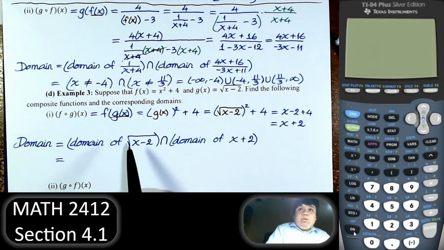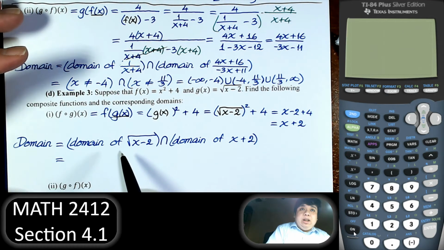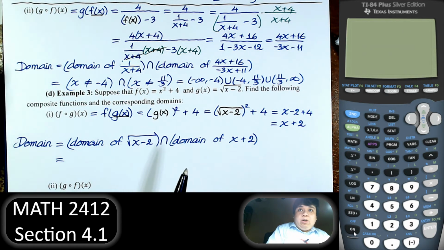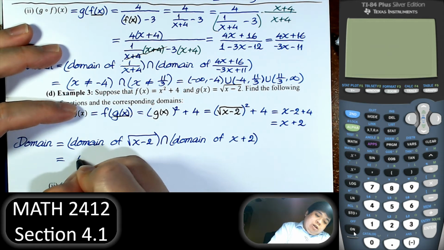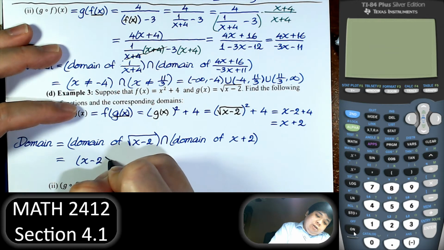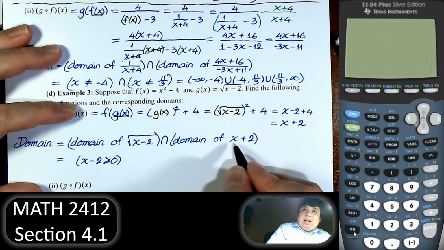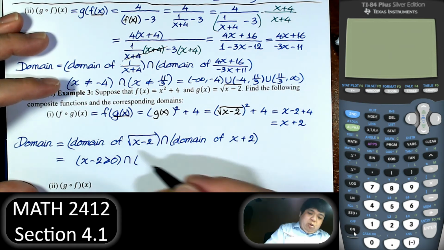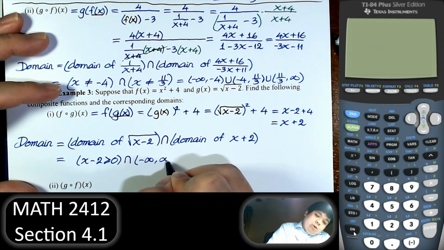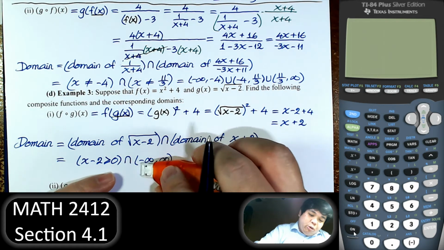If we have the square root function or any even root, the inside of the root has to be greater than or equal to 0, right? So we have x minus 2 greater than or equal to 0. And here, domain of x plus 2. x plus 2 is a polynomial. So we just say all real numbers.